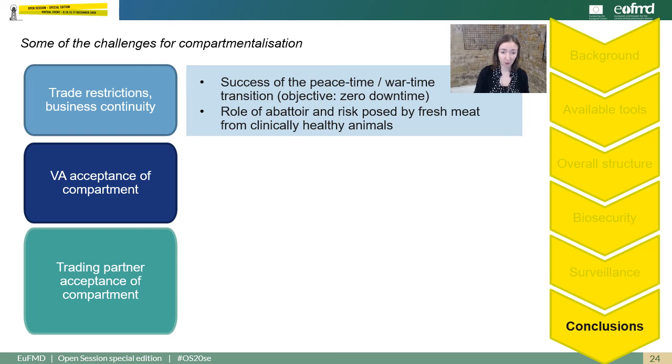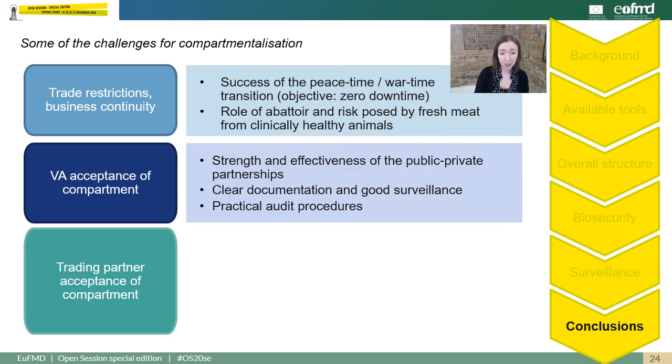The question of the abattoir is also critical for business continuity, especially when considering the risk posed by fresh meat from clinically healthy animals. The role of the abattoir should also be carefully discussed and defined when building the compartment. The acceptance of the compartment by the vet authority is conditioned by the strength and effectiveness of the public-private partnership.